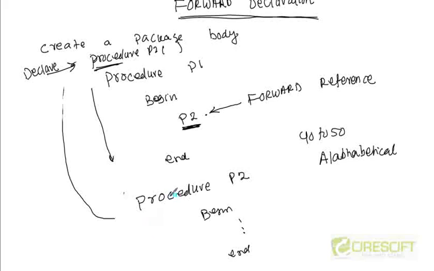In that case, the compiler is going to give you an error. The solution is to declare the private procedure or function just after the package body begins, so that the compiler will know that these things are there. This is what is called forward declaration.